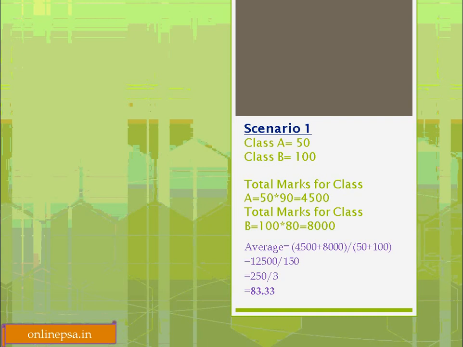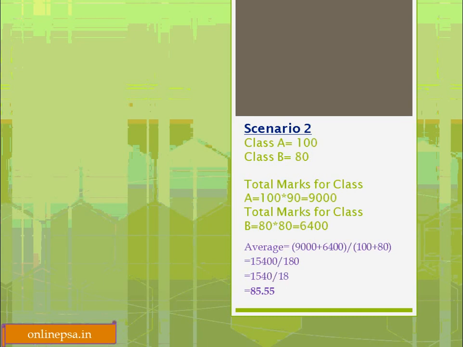Now the total marks for class B similarly will be 100 multiplied by 80, that is 8000. Average will be given by total marks divided by total number of students. Total marks is 4500 plus 8000, and total number of students will be equal to 50 plus 100. That gives us a value of 83.33 for the first scenario.